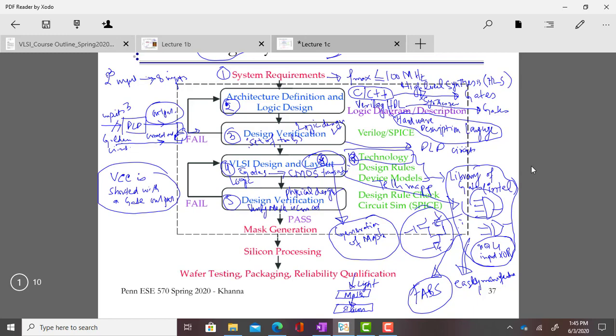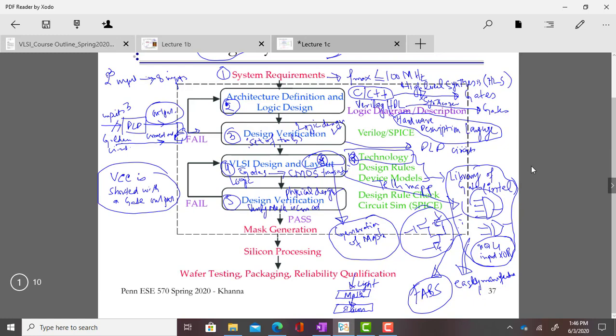If the output of your gate is connected to VCC in the mask, this means that the output of the gate will always be high. So this is wrong, because in that case the inputs to the gate will be useless. This is an example of a fault in the mask. So you verify that all these kinds of faults do not exist. This is called design verification at the fifth stage.